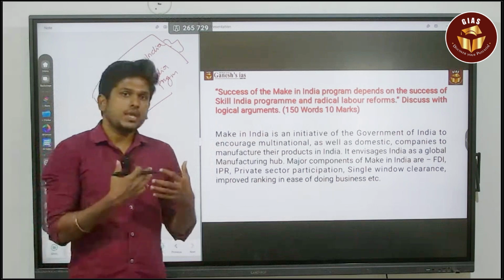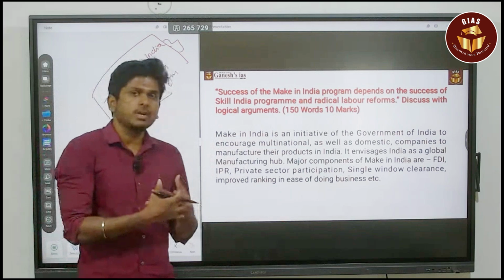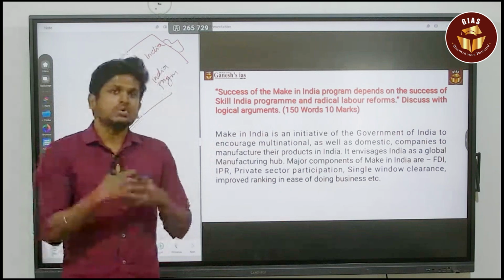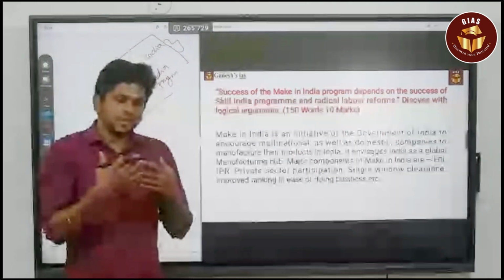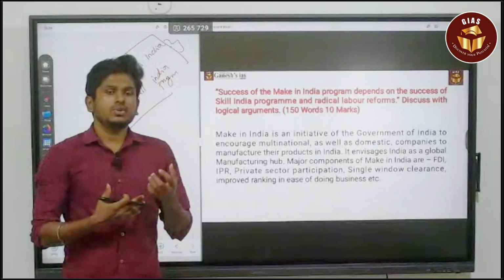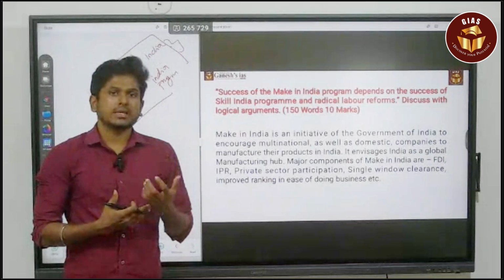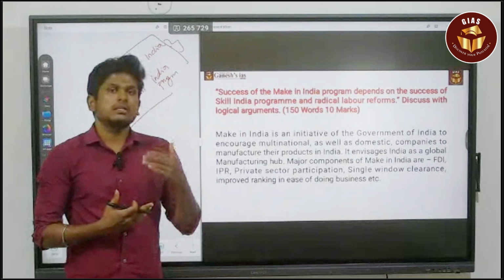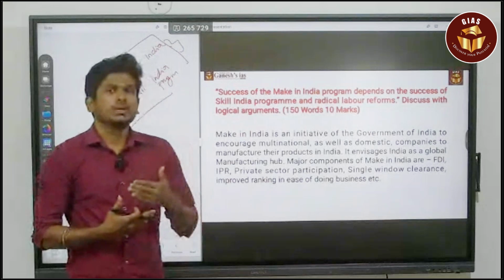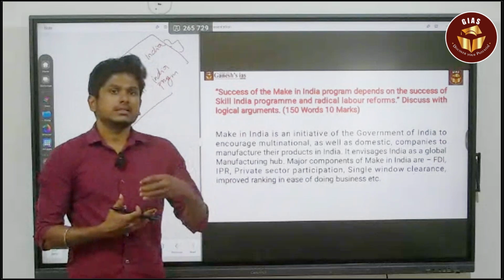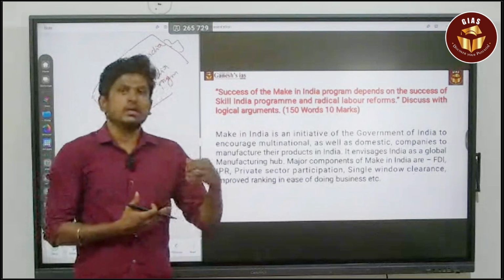But to make a successful Make in India program, we need a skilled workforce. Even though we have a huge population, and even though there are many literate people in India, still the issue of skill is lacking. To overcome that, we need to focus on skilling the population. For example, consider an automobile industry.